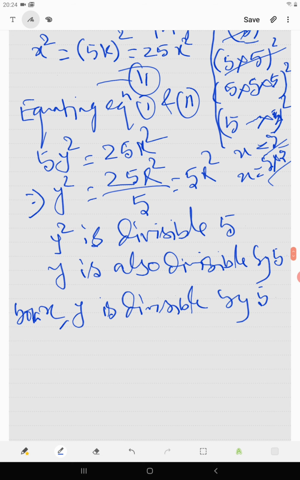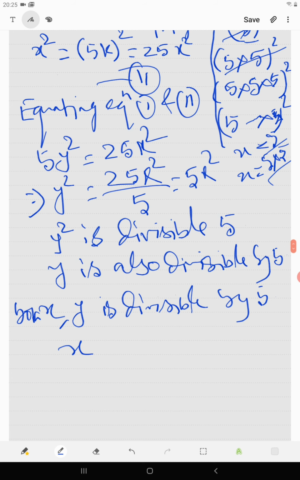Clear? So x and y are not co-prime, because they have a common factor of 5. Co-prime numbers are pairs of numbers which have only 1 as a common factor. Other than that, there is no common factor. But here both x and y are divisible by 5, so they are not co-prime.